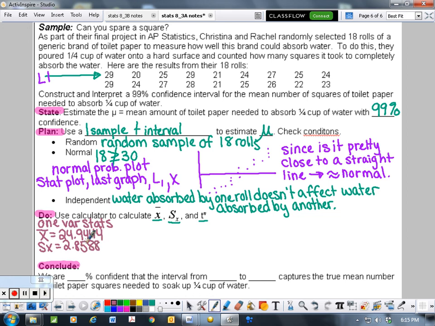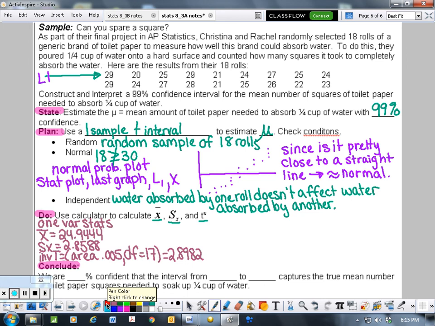And then we calculate inverse t, because we're doing means. Our area is 99%, 1% left over, half of that is 0.005. Our degrees of freedom, well, we had 18 rolls of toilet paper, so degrees of freedom is 17. This gives us an inverse t of 2.8982.